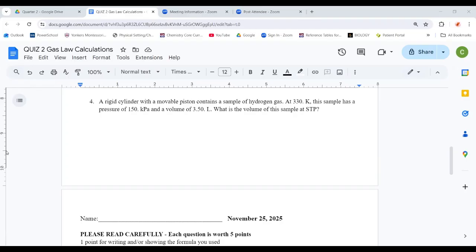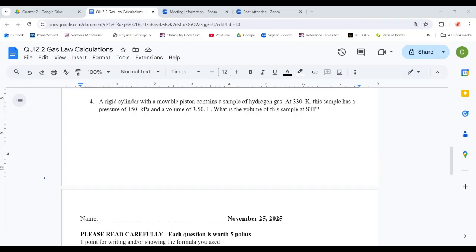So even though I'm not going to show you every single step necessarily on this last one, that was the way the quiz was graded. So you would have had to have done that if I had not handed it back to you as a self-graded quiz. So just keep that in mind. If you're doing the test and it says to show all your work, you have to show all your work. All right, so let's run through this one very quickly to keep the video from going too long.